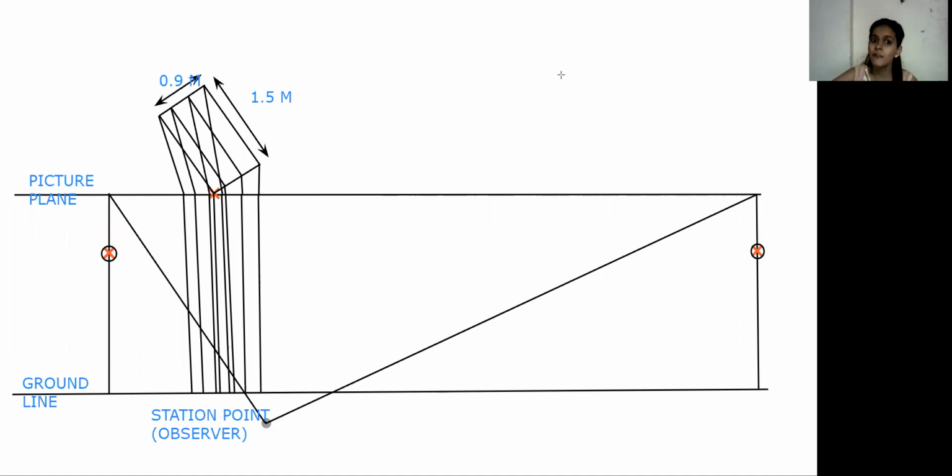So how are we getting our vanishing points? We are taking the height of the observer from the ground line. How much is the height of the observer? That is 5 centimeter, but we have to write 1.5 meter.